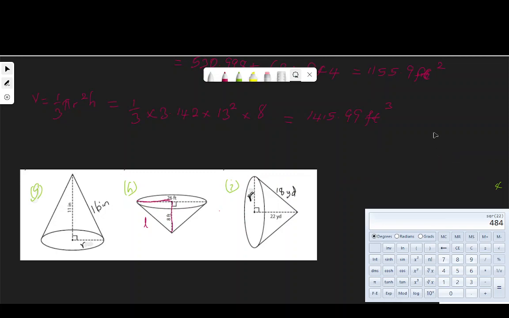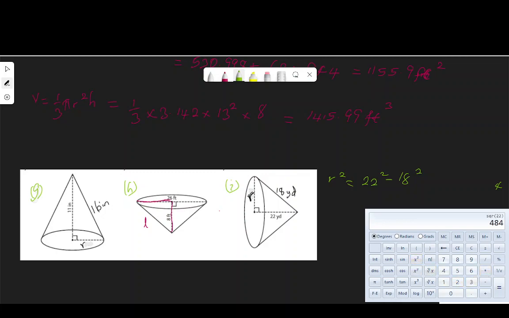Let's redo that. r squared is equal to 22 squared minus 18 squared. The values here are not well arranged. This is the hypotenuse of this triangle, which is supposed to be 22, and this is supposed to be 18.